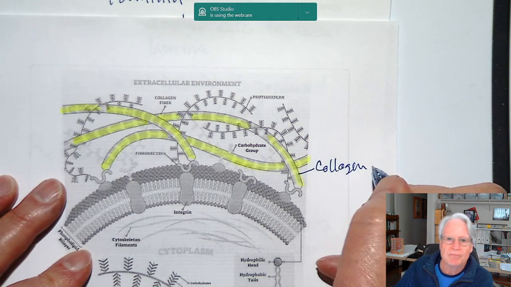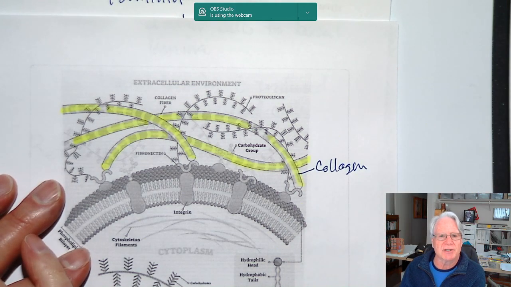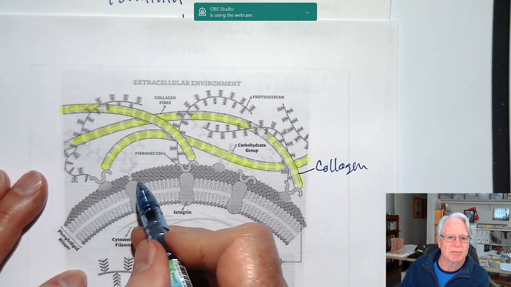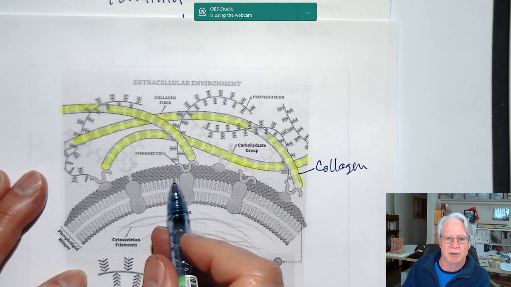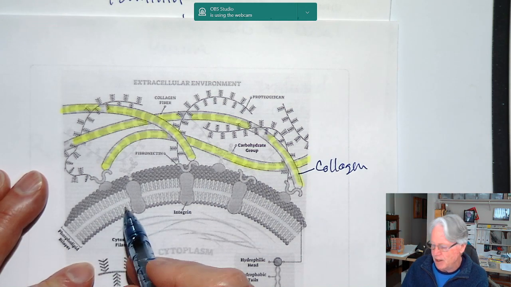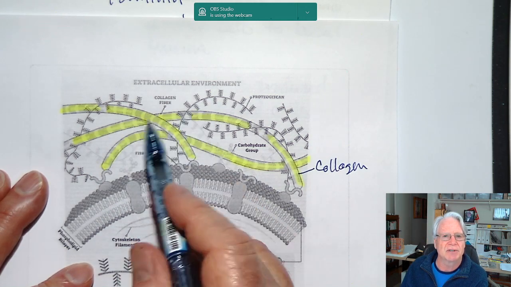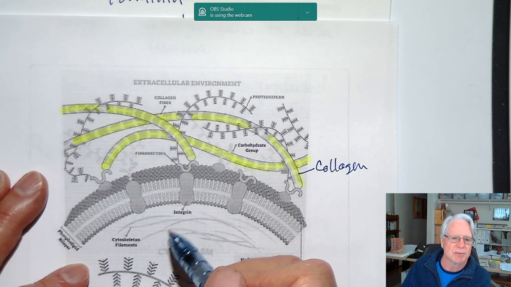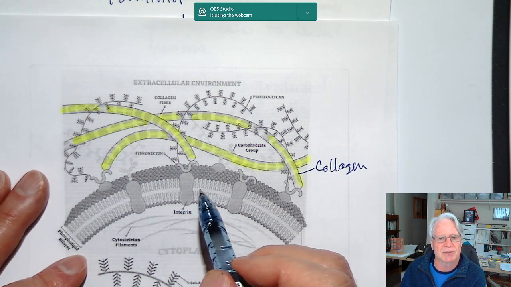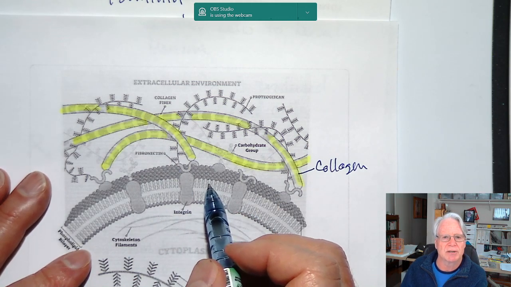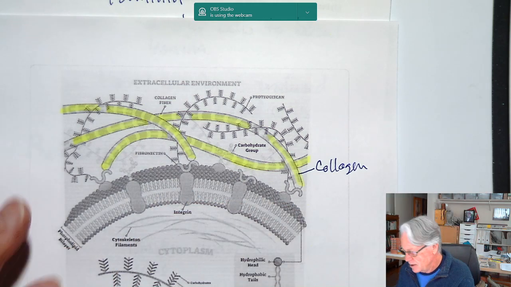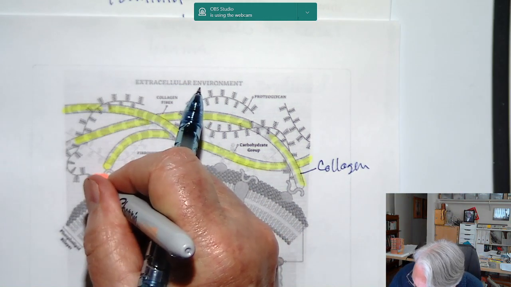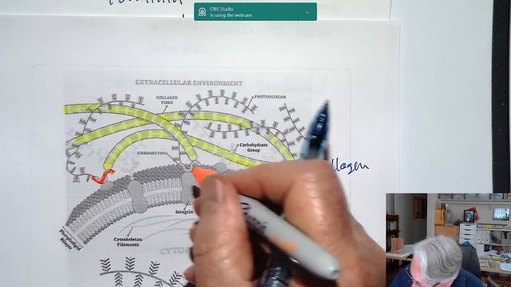That's the type 4 collagen. So this is the cell, and so what we're looking at here is a connection of the cell to the underlying connective tissue. Okay, it's a little bit upside down, but at least you get a sense of what's happening here. And then if you look carefully right here, and I'll highlight this, we have a connection here.